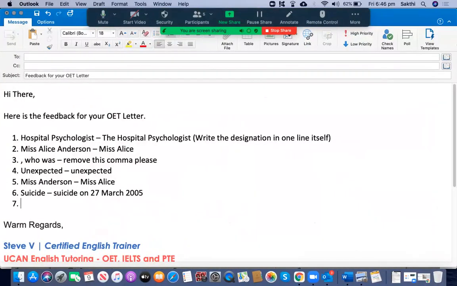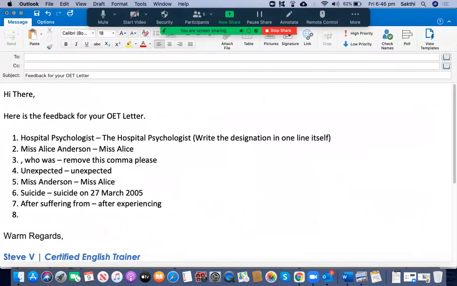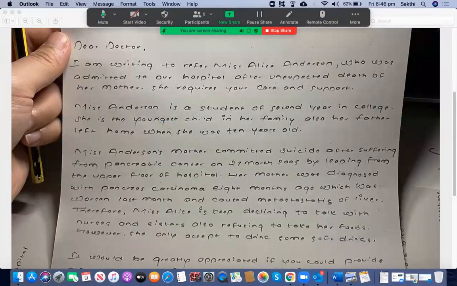After suffering from, it's better to use formal phrases. For example, after experiencing. Instead of using after suffering from, you can say after experiencing pancreatic cancer. By leaping from the upper floor of hospital.